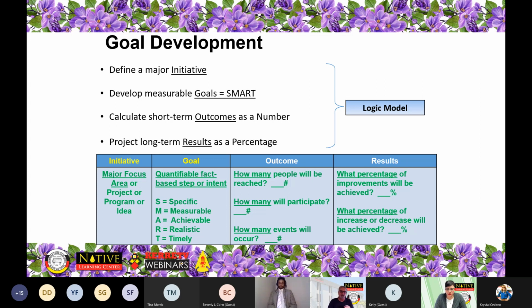And that is using what I call the logic model process to break down major initiatives. I'm saying all this very carefully because this is going to be one of your activities. Listen closely.